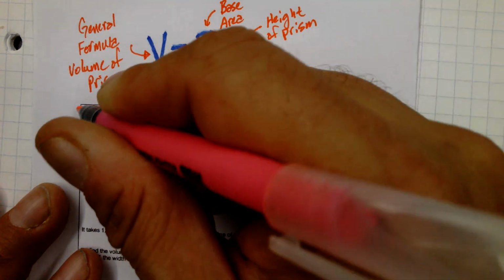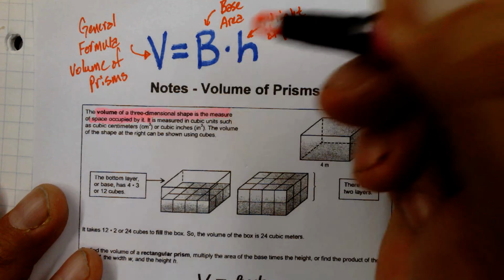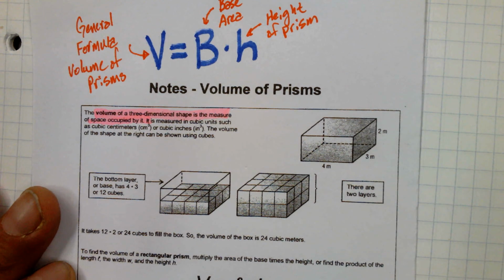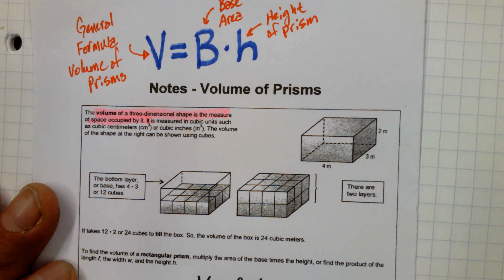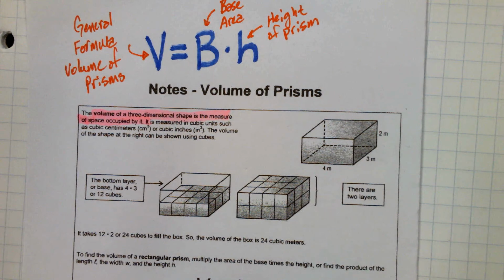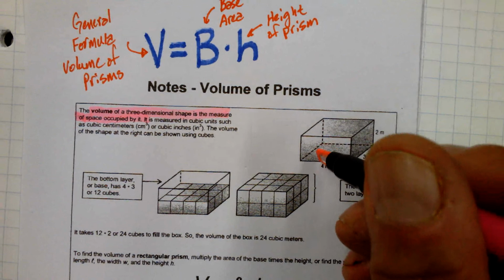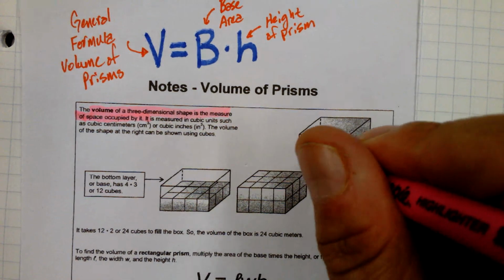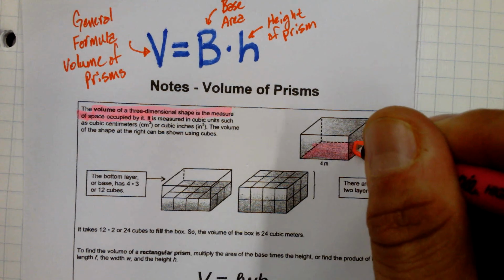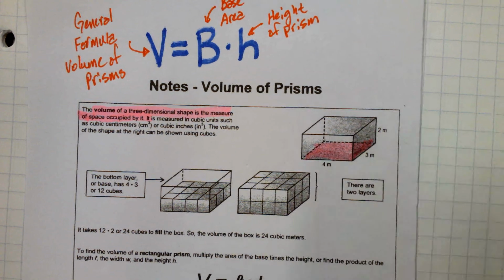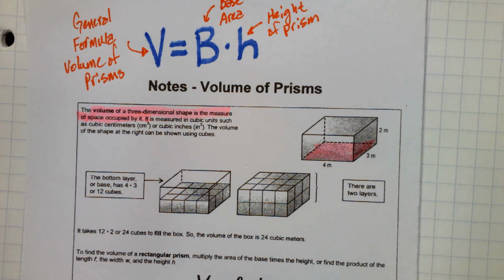The volume of a three-dimensional shape is the measure of the space occupied by it in three dimensions. Okay. So if we want to find the volume of this prism, we basically find the area of the base. I'm going to call the base this bottom, right? And this is a rectangle.